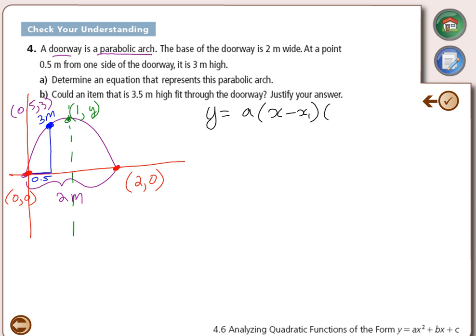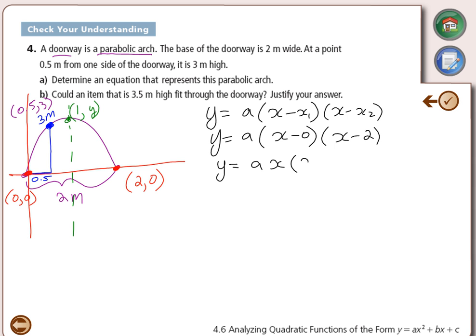Start with your factored form. Fill in your 2 x-intercepts: x minus 0 and x minus 2. Let's clean that up. That's a times x times x minus 2. Let's use our point x comma y and plug it in.